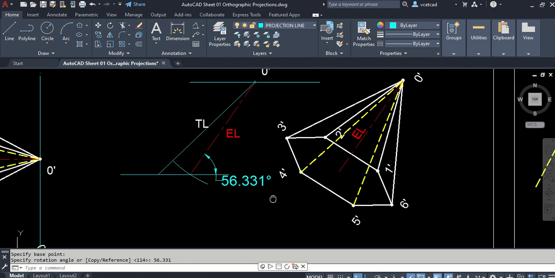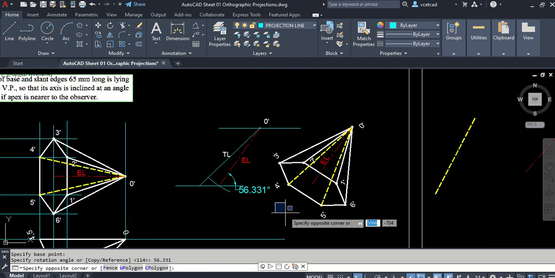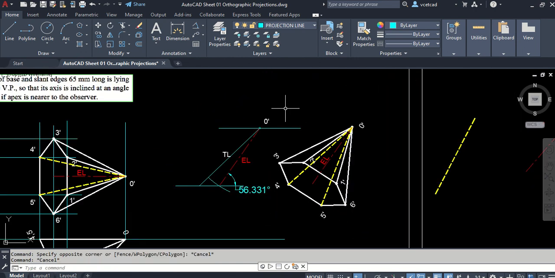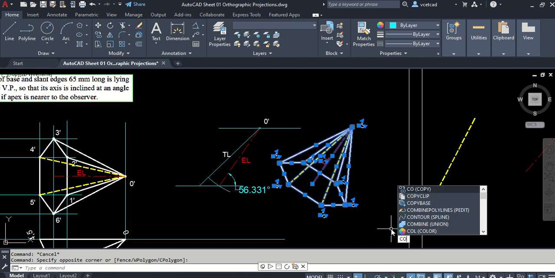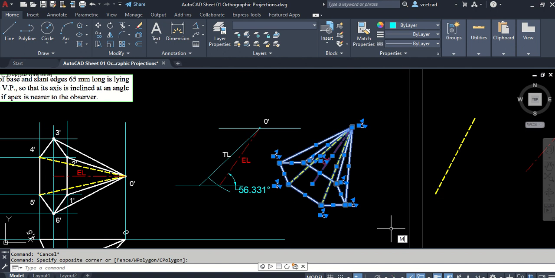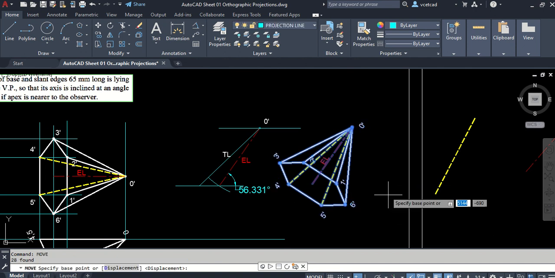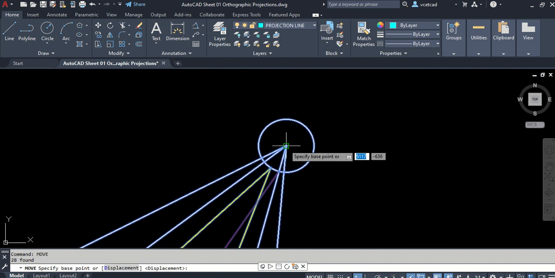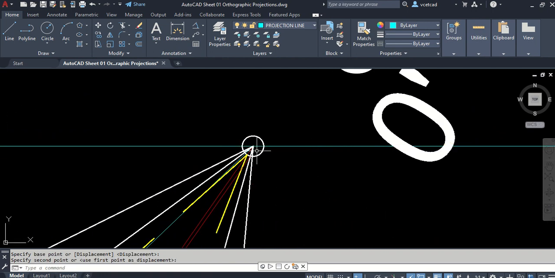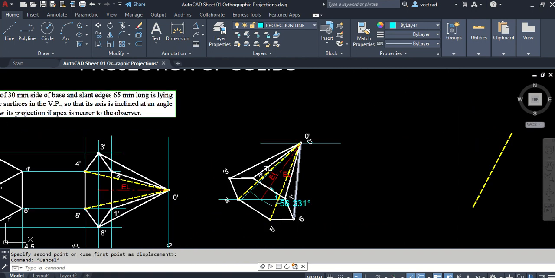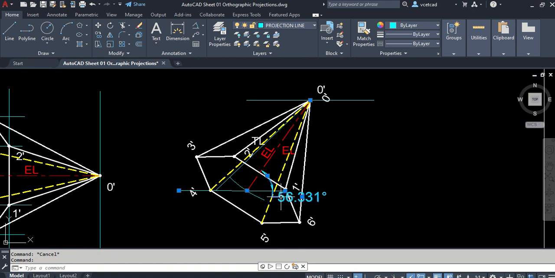Okay, done. So I have redrawn that object.